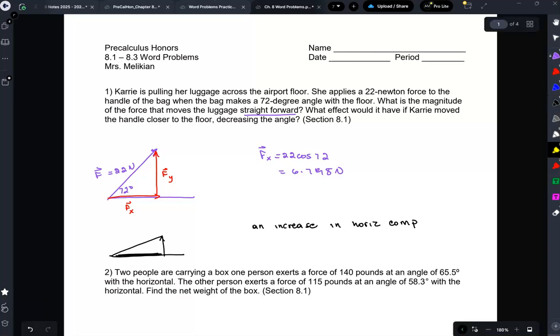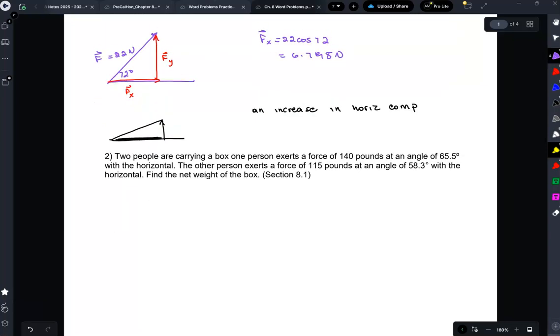Okay, so here, two people are carrying a box and one person exerts a force of 140 pounds at an angle of 65. The other person, a force of 115 pounds at an angle of 58. Find the net weight of the box.